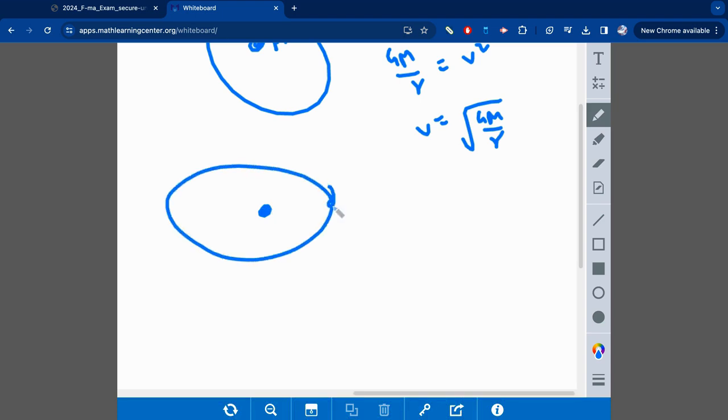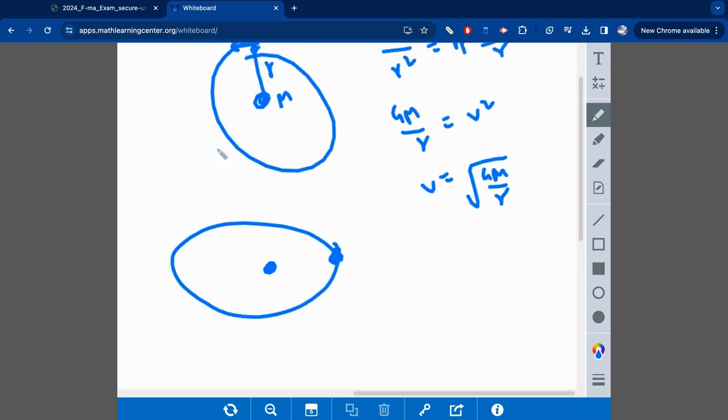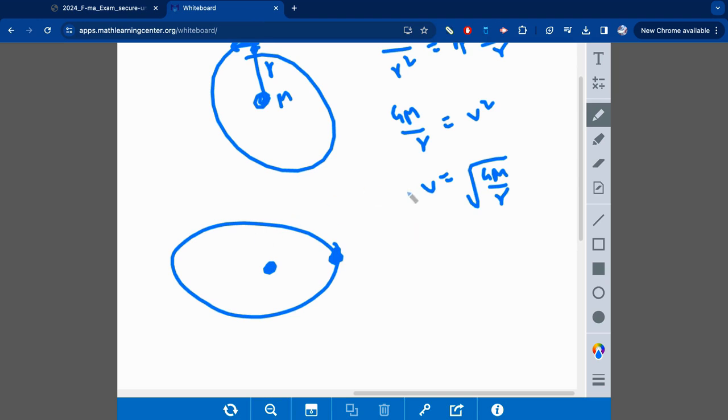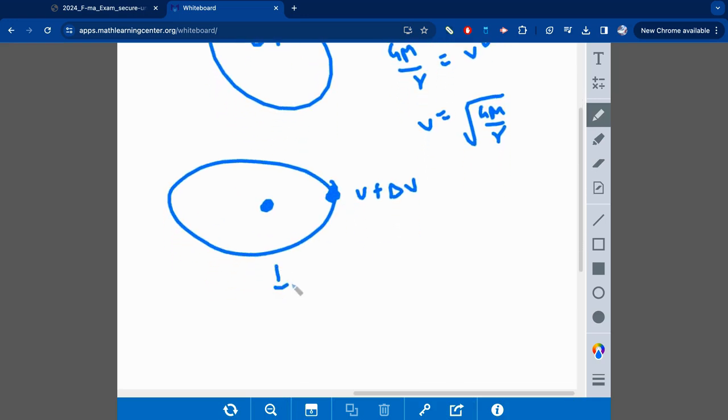So what it's asking is that we increase the velocity here, and we can use energy to say that when it comes back, it's going to have that same velocity. It's going to have v, which was its initial velocity, plus delta v. So now its kinetic energy at this point has to be this.